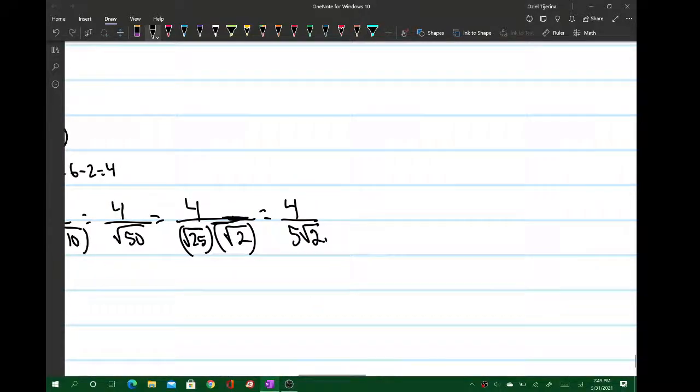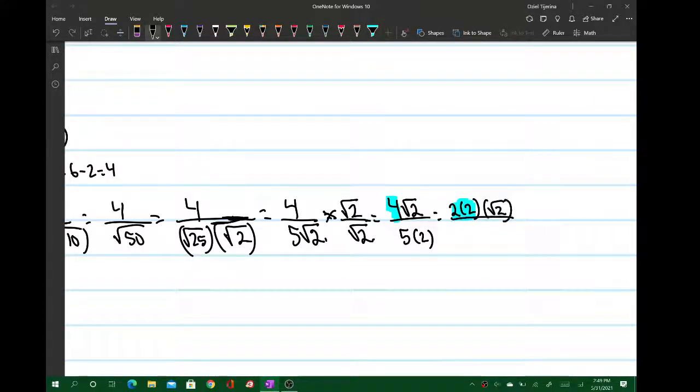Now, we can rationalize the denominator by multiplying by the square root of 2 over the square root of 2. So we have 4 square root 2 over 5 times 2, which is equal to 2 times 2 times the square root of 2 over 5 times 2.